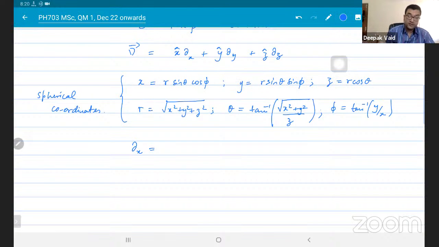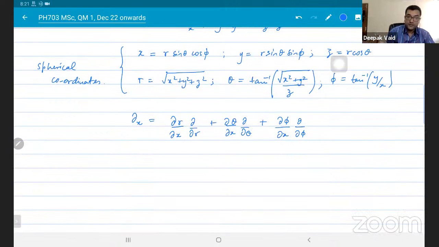So if I want to write ∂/∂x in terms of ∂/∂r, ∂/∂θ, and so on, what do I use? The chain rule, right? So I write dr/dx ∂/∂r, dθ/dx ∂/∂θ, dφ/dx ∂/∂φ, like this.